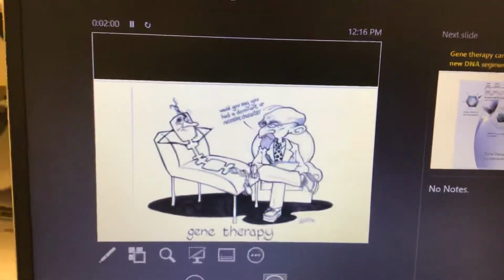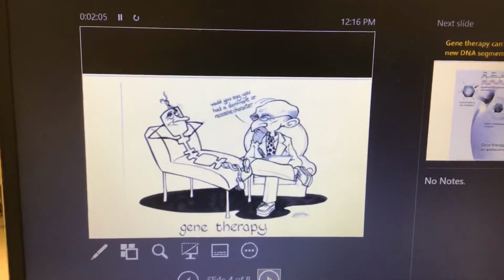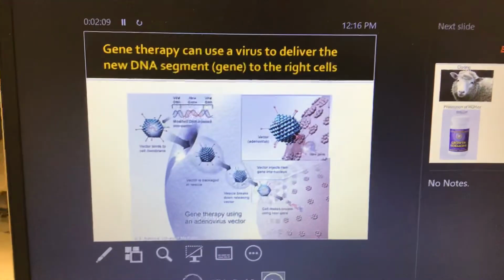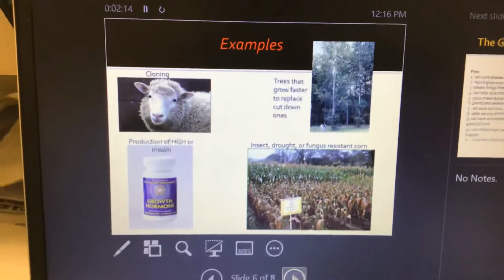That's gene therapy. And they'll actually use a virus to deliver that. I'm not too worried that you know that. Some examples of gene therapy.